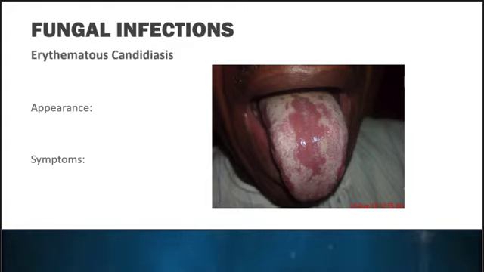Are there signs and symptoms that would associate this with a fungal infection? Is the patient immunocompromised? Or have they had these patchy depapillations their entire life? Well, most of the time, the patient will say, oh yeah, I've had this for a long time. We can easily narrow that to geographic tongue. So remember our theory of Occam's razor.